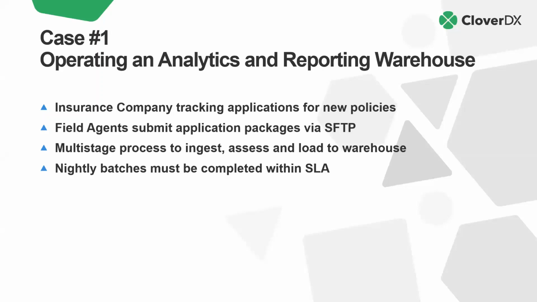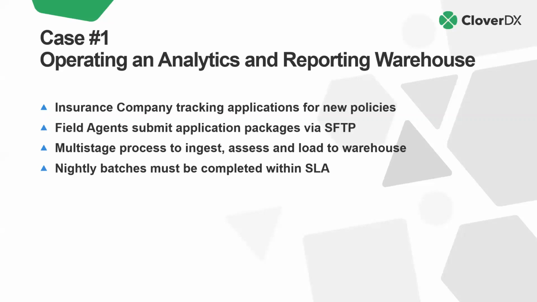The entire life cycle of a life insurance policy is tracked, and the data about it is tracked in a warehouse, right? The insurance company has field offices. They submit application packages via SFTP, and some ETL process runs through a sequence of steps to transform, validate, and ultimately load data about those policies into some reporting warehouse.